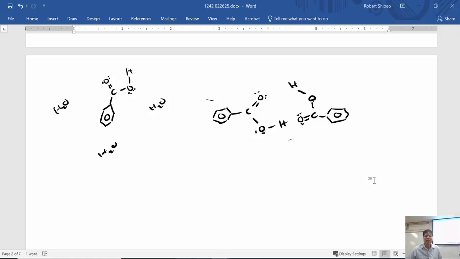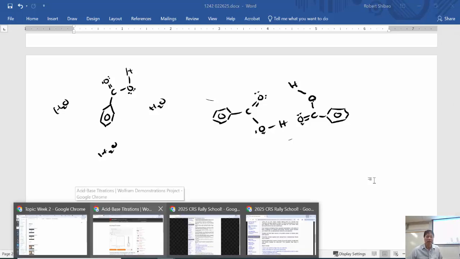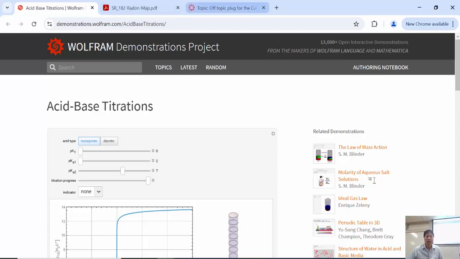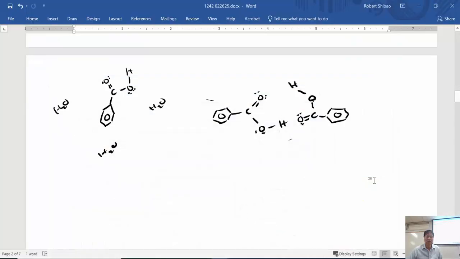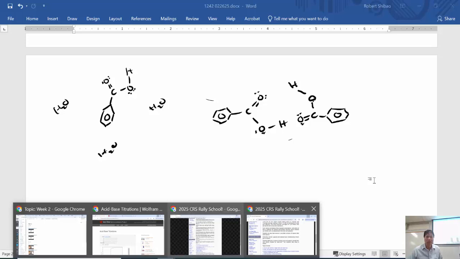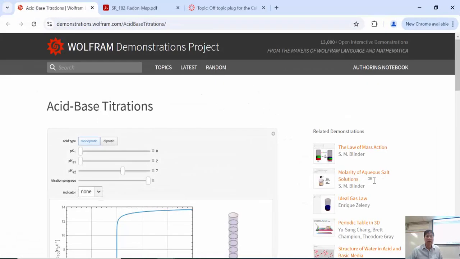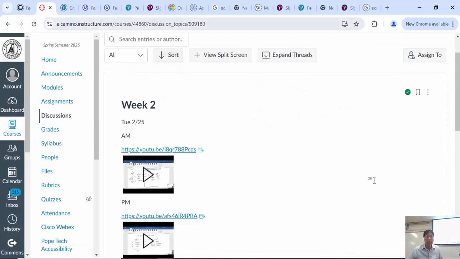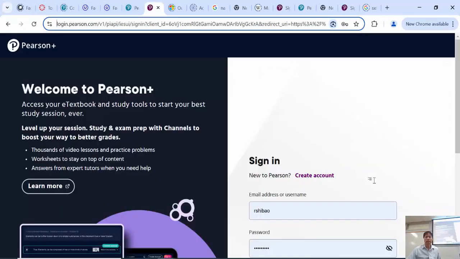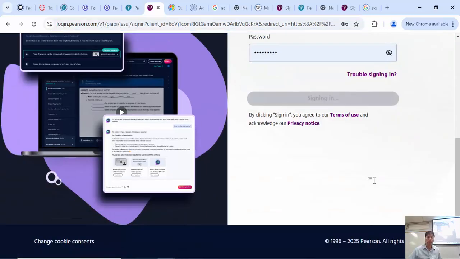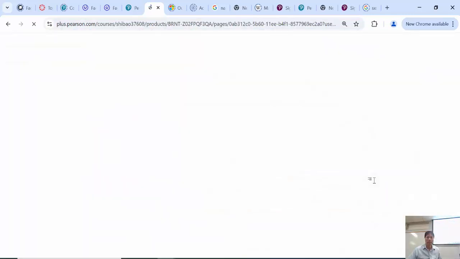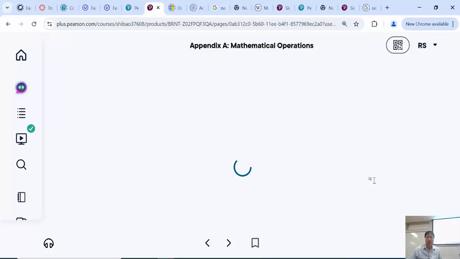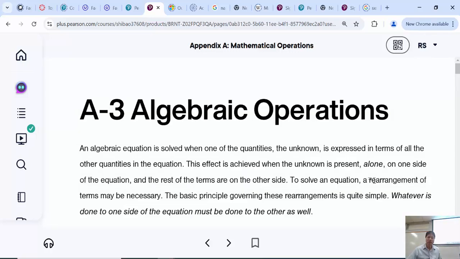I think I even gave the page number for that. Pearson. Or maybe it's my imagination. Did I mention this?